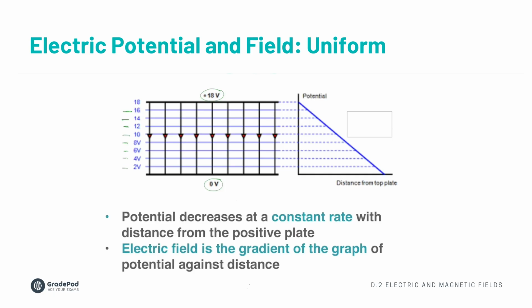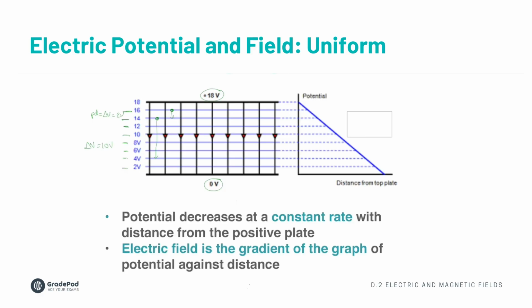I've gone from 18 volts all the way down to 0 volts. So if I move a charge from here to here, it has a potential difference or a change in potential of 2 volts. If I move a charge from here to here, it has a potential difference or a change in potential of 10 volts.